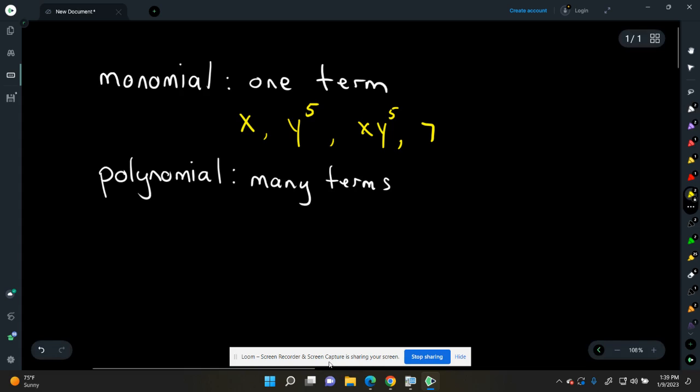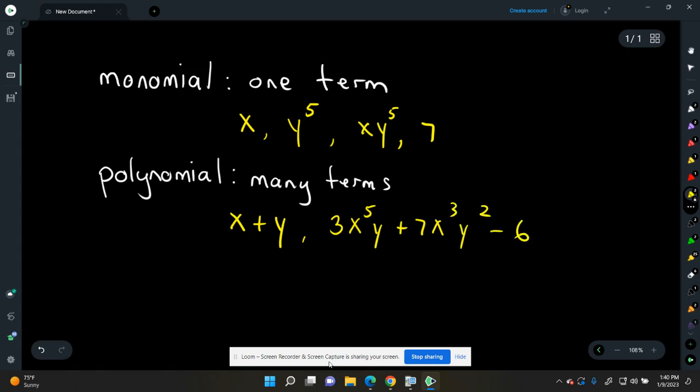So a term is separated by a plus or minus. So this is an example of a polynomial. 2 terms, right? Could be 3x to the 5th y plus 7x to the 3rd y squared minus 6. That's a polynomial. Okay.